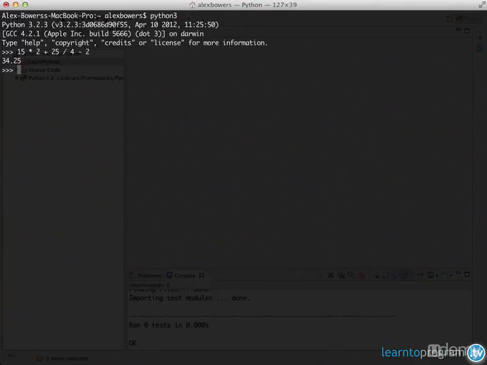Now the answer for this is 34.25, and the reason for that is that 15 times 2 gets evaluated first, 25 divided by 4 gets evaluated as well, then that entire thing is added together and then 2 is subtracted from it.